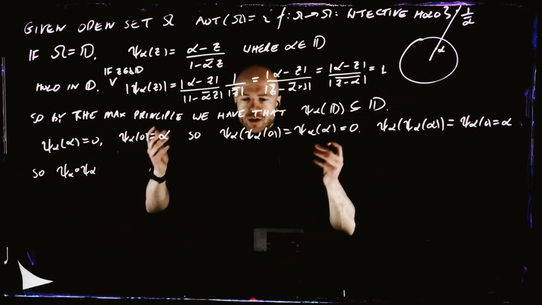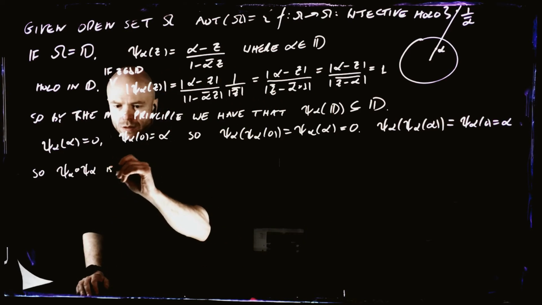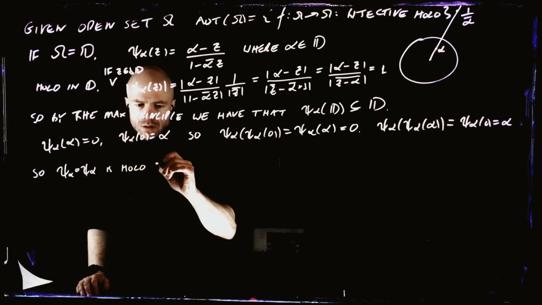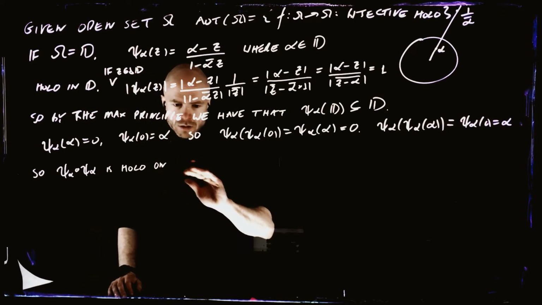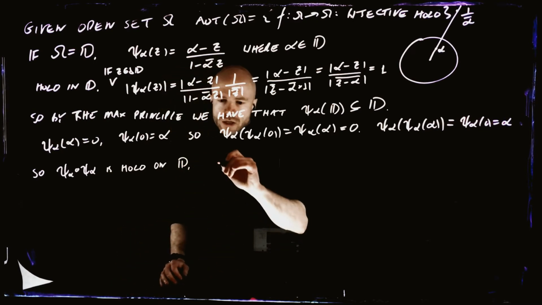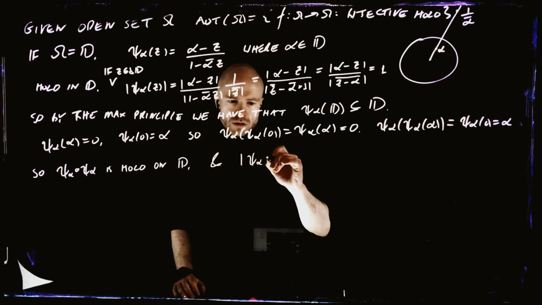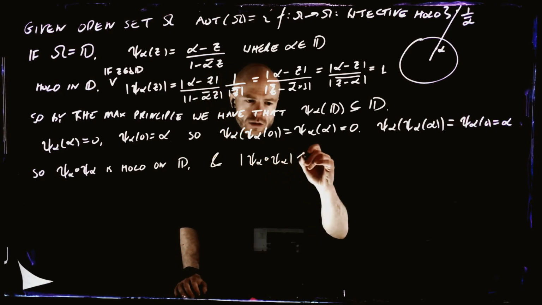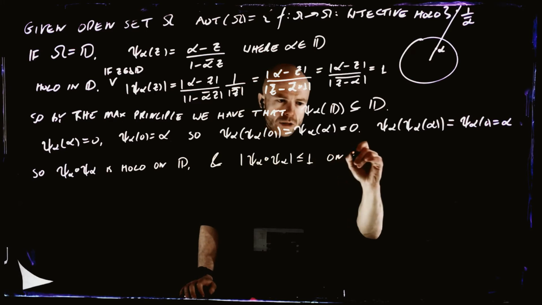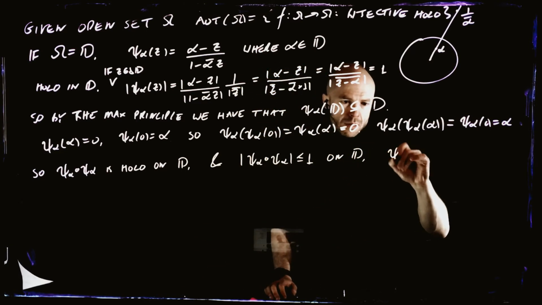So this is a well-defined holomorphic mapping, holomorphic on the unit disk, and its absolute value is less than or equal to 1 on the unit disk, right? And it is fixing 0, right?